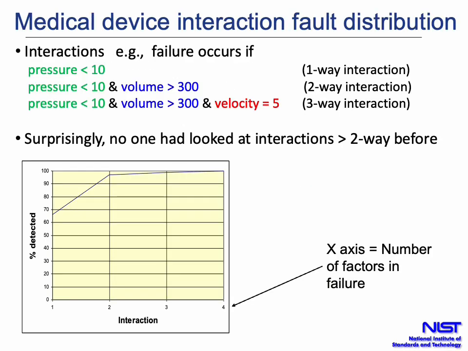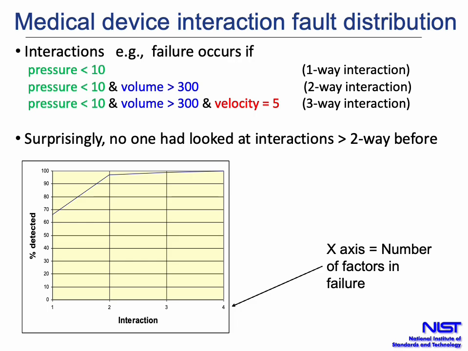Pairwise testing had been used for many years and very effective, but what we discovered was that no one had really looked at interactions beyond two-way prior to this. So we looked at interactions involving 3 factors, 4 factors, and so on. And the result of that is shown in the distribution at the bottom of the screen.